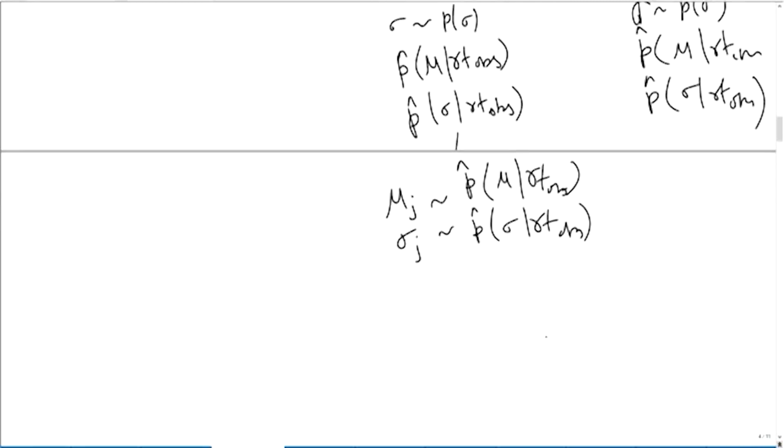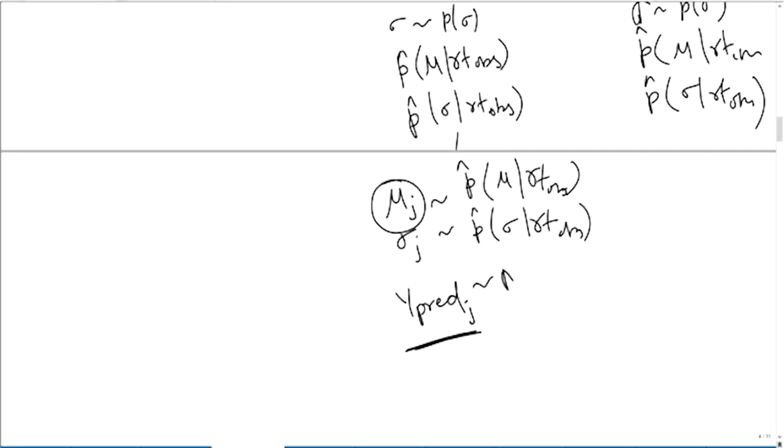Based on these samples from the posterior, you would generate some future predictions. It's conditional on each sample from the posterior. So let's call it ypred j, the jth sample. These are jth samples from your posterior distribution, and corresponding to each sample from the posterior, you would generate a posterior predictive sample, right?